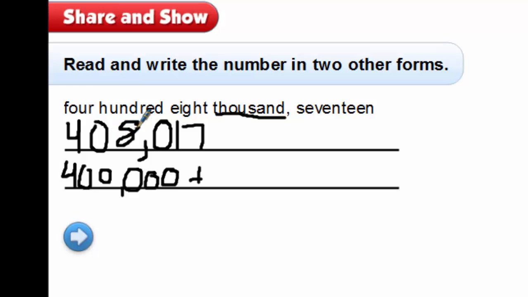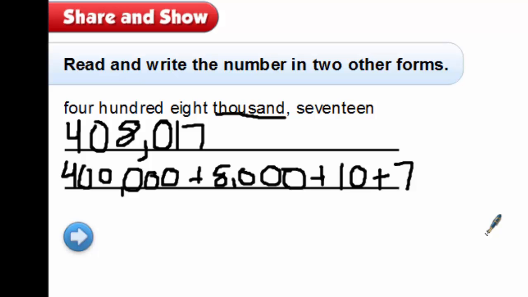So then I need to go to the next value. What's the value of the 8 in the thousands? 8,000. Good. Okay, there's another 0. We decided, nah, we're going to skip the zeros. We could add them in, but we don't have to. What's the value of the 1 in the tens place? You got it, dudes. It's a 10. And then what's the value of the 7 in the ones place? Just 7. And there we have that number written in expanded form.